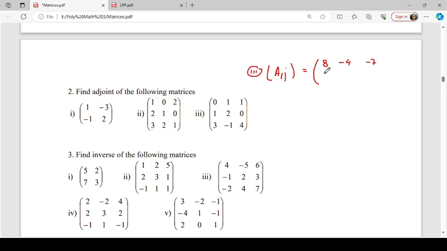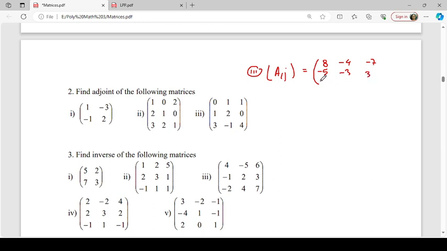For A21 it is 4 minus 1, it is 5, so we take the negative sign, so it is minus 5. For A22 it is 0 minus 3, it is minus 3. Then for A23 it is 0 minus 3, it is minus 3. We take the negative sign in this place, it is plus 3.